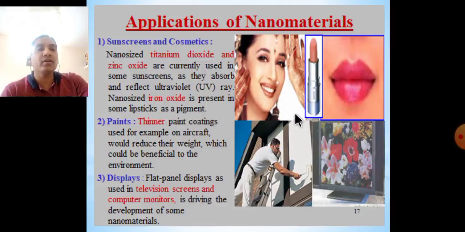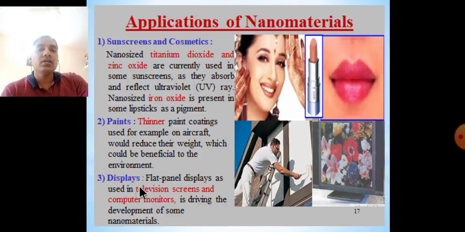Second, paints. A thinner paint coating, used for example on aircraft, would reduce their weight, which could be beneficial to the environment.